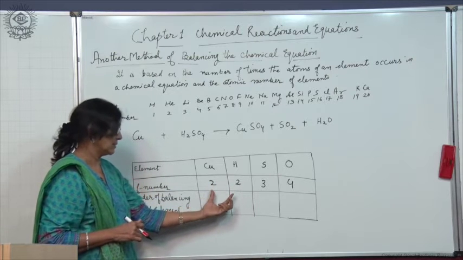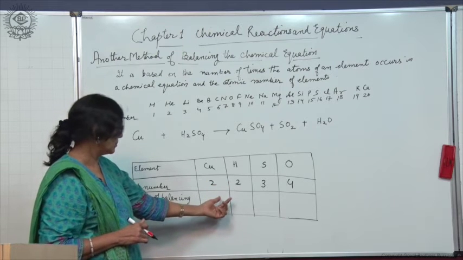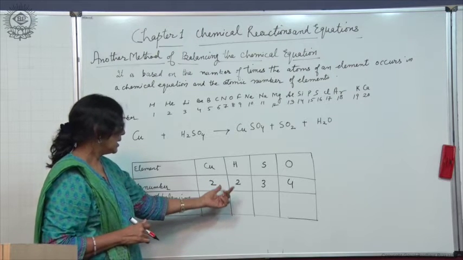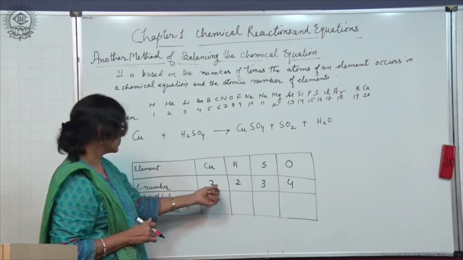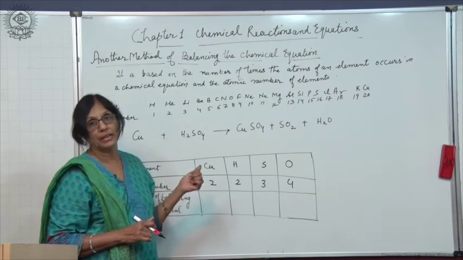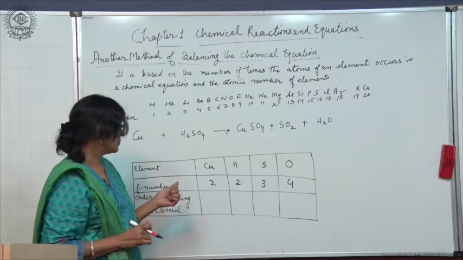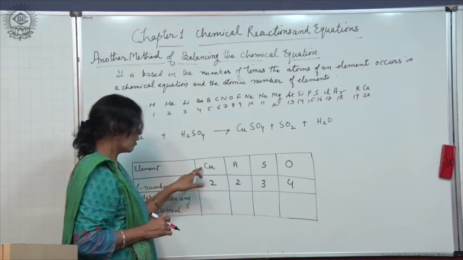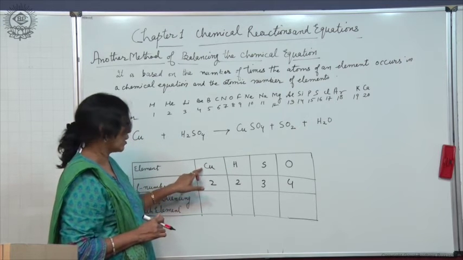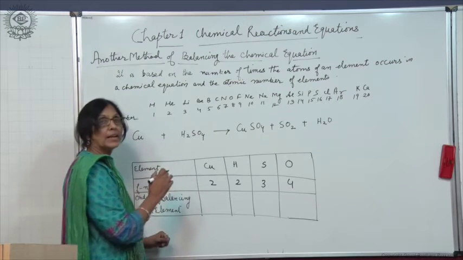So in case two elements have the same frequency number, in case of metals, the balancing of that metal will be done first which has the highest atomic number. In these two cases, copper is a metal and has a higher atomic number. So we will start balancing copper first. So we will write the order.